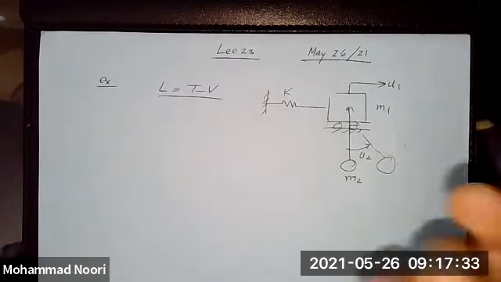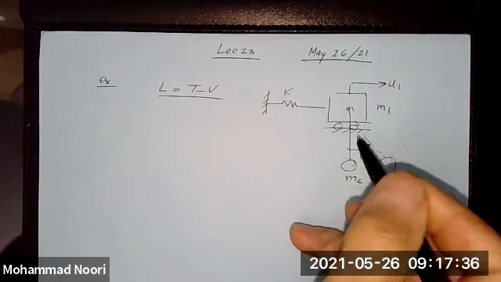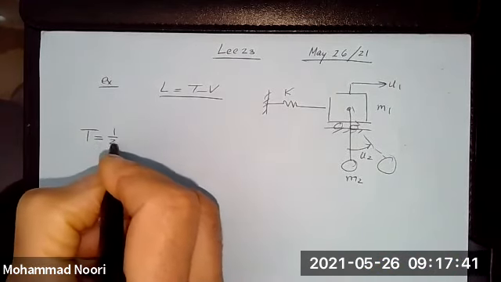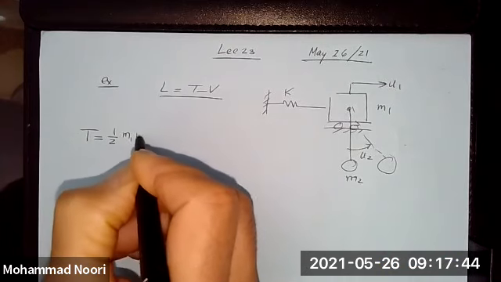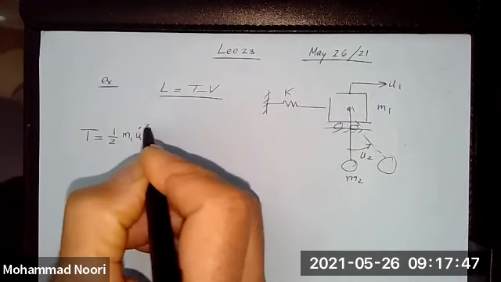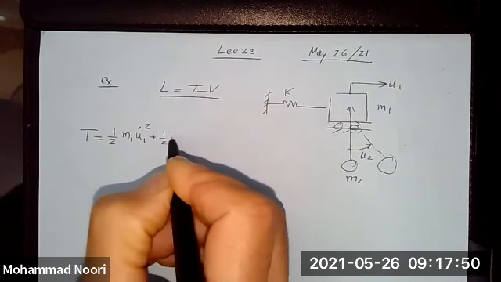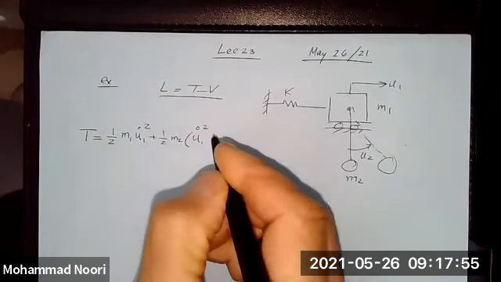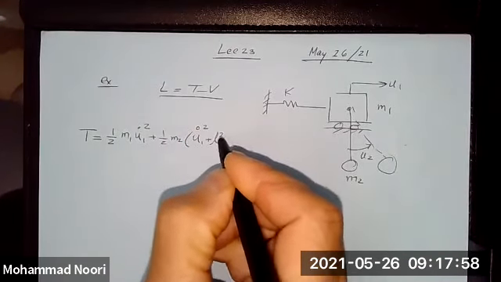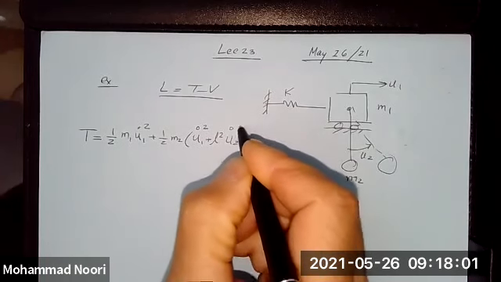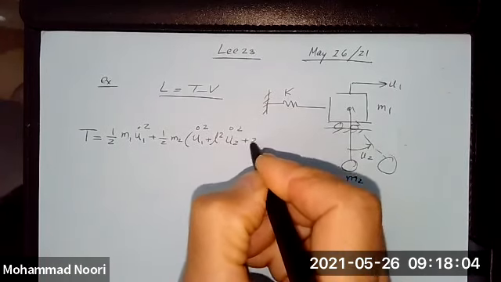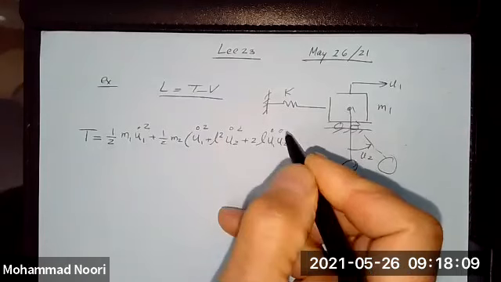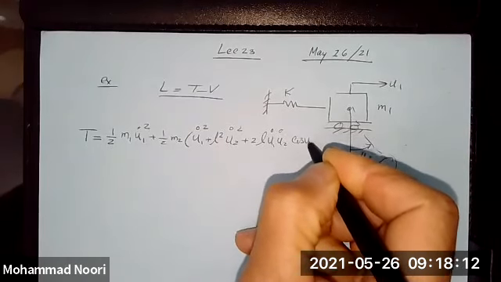And then we set up the kinetic energy and potential energy. So let me rewrite those because we need them. T equals 1/2 m1 u1 dot squared plus 1/2 m2 times (u1 dot squared plus L squared u2 dot squared plus 2L u1 dot u2 dot cosine u2).